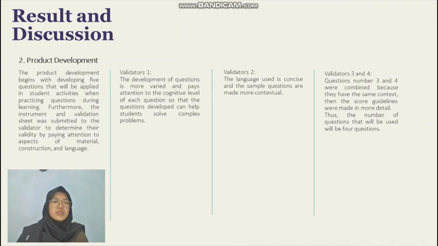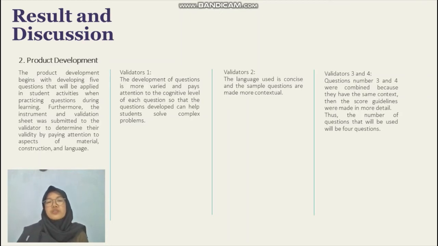The second one is product development. The product development begins with developing 5 questions that will be applied in student activities when practicing questions during learning. There are 4 validators. Validator 1 said the development of questions is more varied and pays attention to the cognitive level of each question, so that the questions developed can help students solve complex problems.